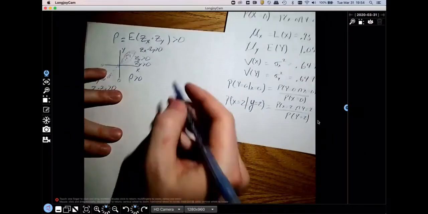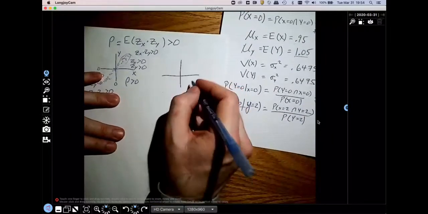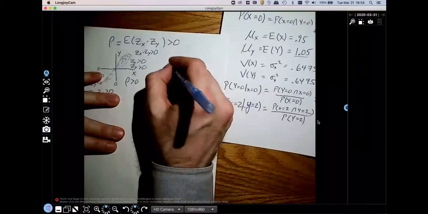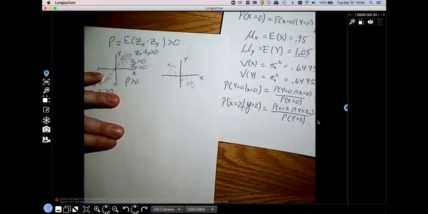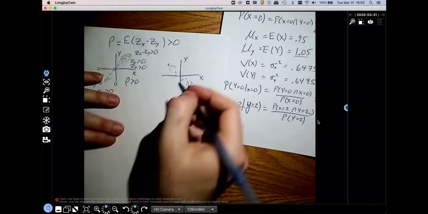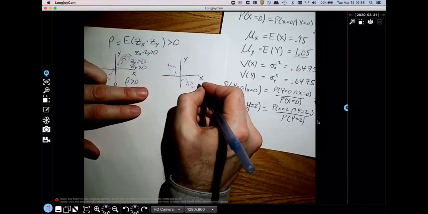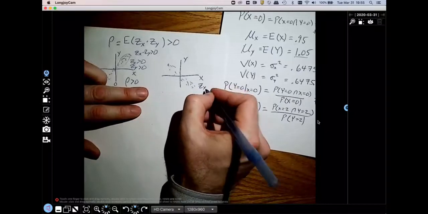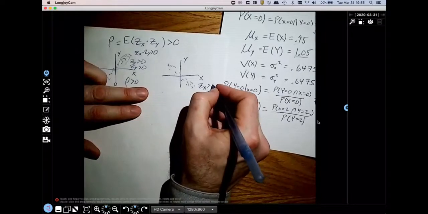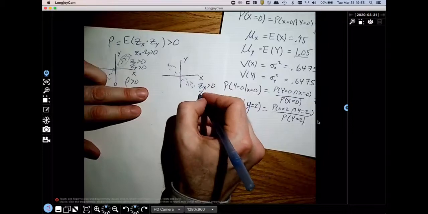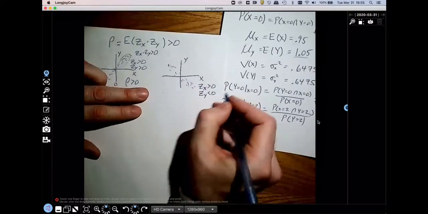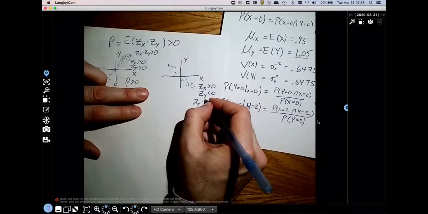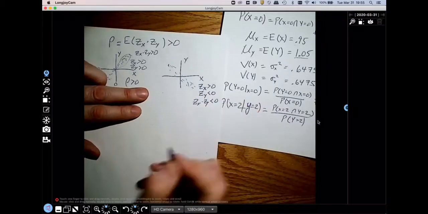Now, just for contrast, let's say my scatter plot looked something like this. Again, this is my x-axis, this is my y-axis, and all of the z values out here, the zx's, will be positive for the most part. My zy's, these are all below average in this direction. So you take a zx times a zy, that is less than 0.